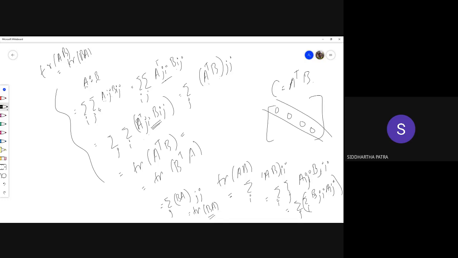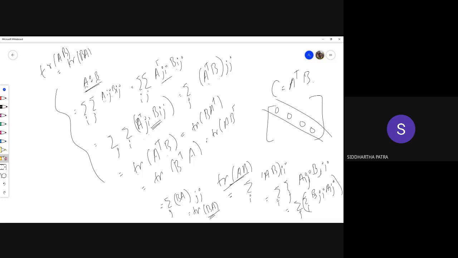A dot result is that A inner product B is basically trace of A transpose B, and trace of AB is basically trace of BA. That means this is also trace of BA transpose, and this is trace of AB transpose.